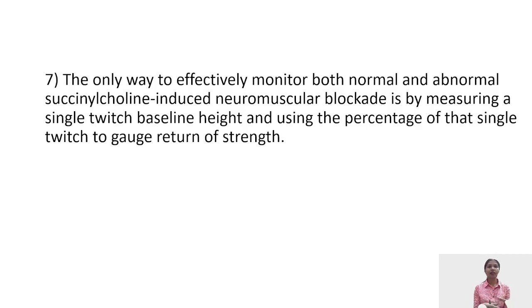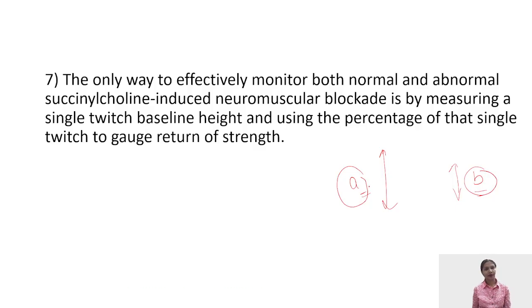Once the single twitch that comes is of amplitude A, and after scoline has been given, when around 70 to 75% of the receptors have been blocked, the amplitude decreases to B. So we can correlate the ratio of B to A.